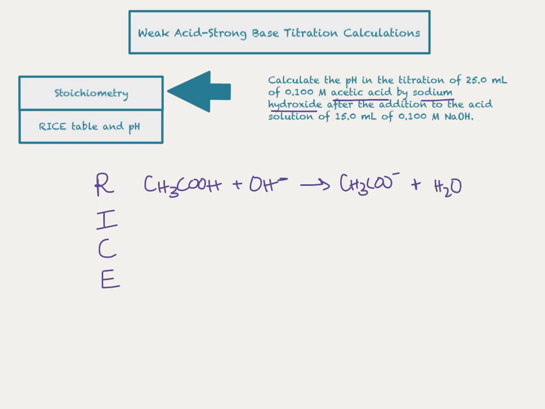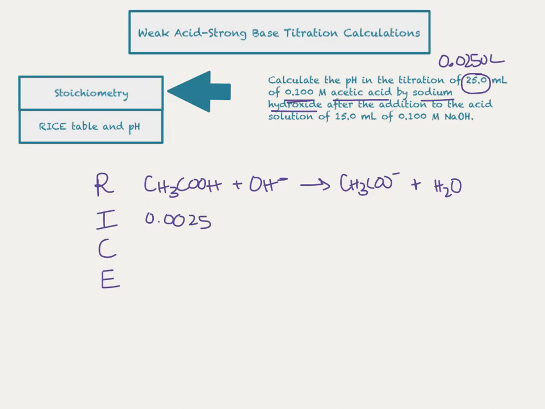Okay, now we need to calculate the moles of the acetic acid. We have 25 milliliters, so that's the same thing as 0.0250 liters, and I will multiply those liters by the 0.1 molarity. This leaves me with 0.0025 moles of acetic acid.